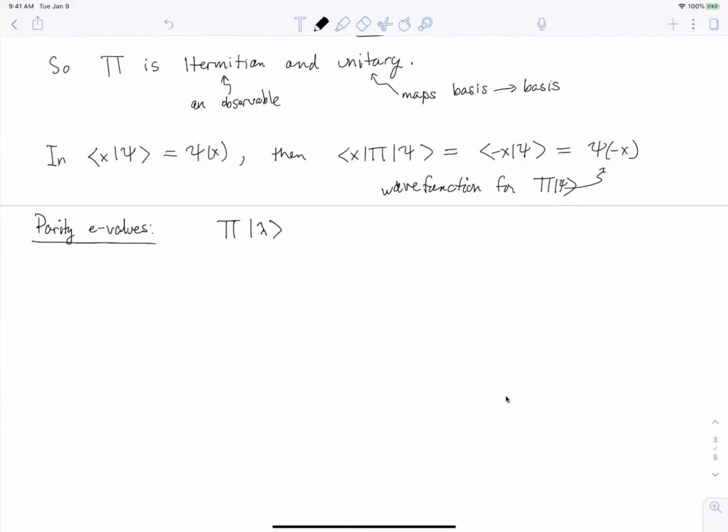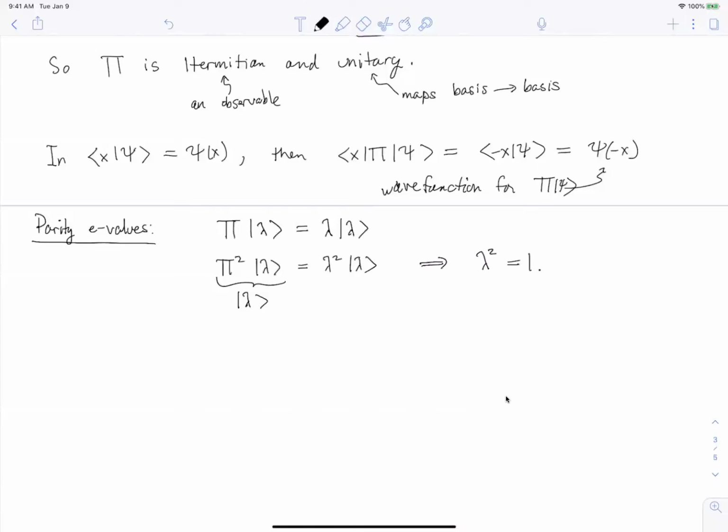Lambda is a label that's telling us what the eigenvalue is, so that pi acting on lambda is the number lambda times the state lambda. And now we act with pi again. Pi squared acting on lambda just gives us another lambda. Okay, but pi squared we know is the unit operator. And so this is just lambda, or the identity operator. So this is just lambda back again. And so that's telling us that lambda squared is equal to 1.